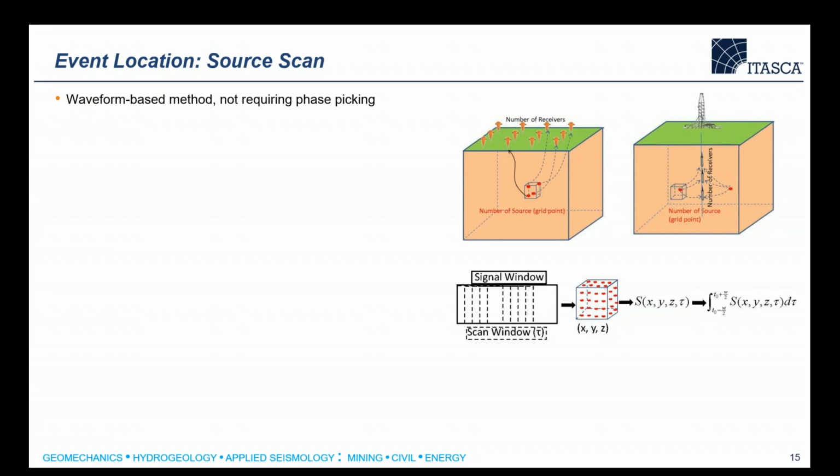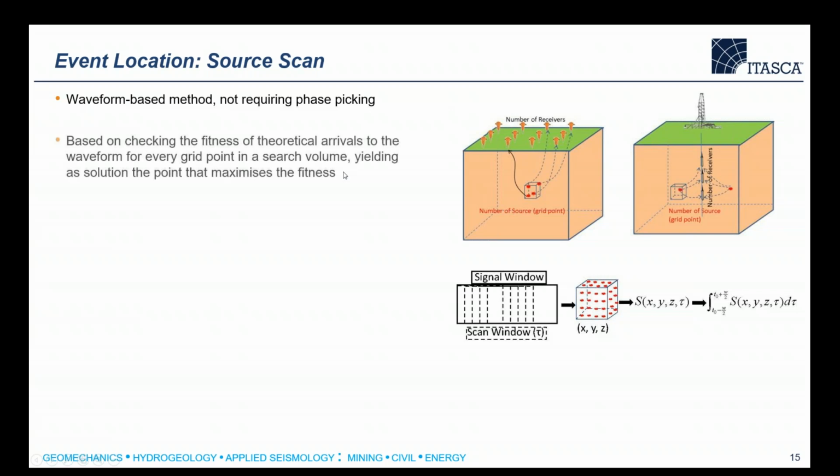It tries to optimize what would be the location in our volume that may give us a maximum of this objective function. The objective function can be the energy in our arrivals, it can be polarization, or any piece of information that is useful. The main advantage is that in very bad data sets where we cannot easily identify arrivals, it gives us an extra tool to work with them.